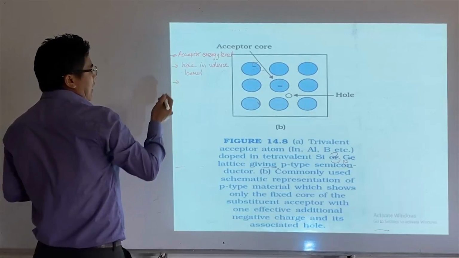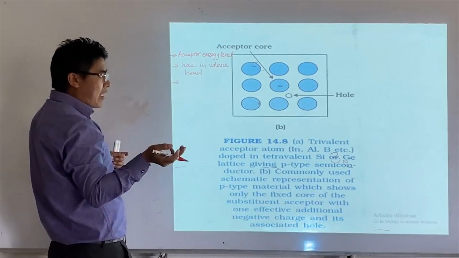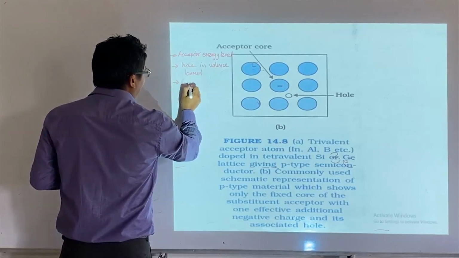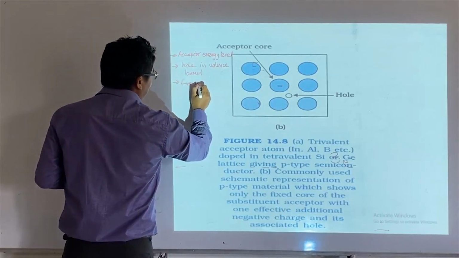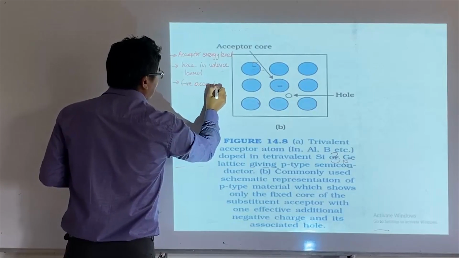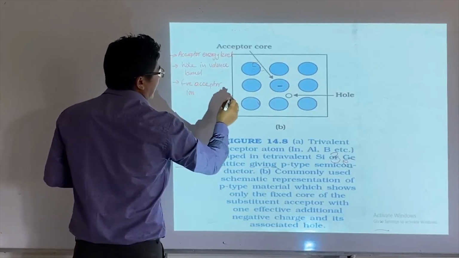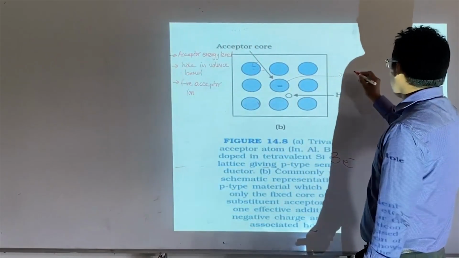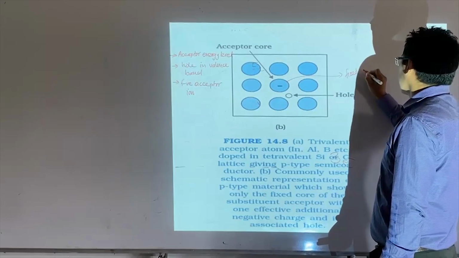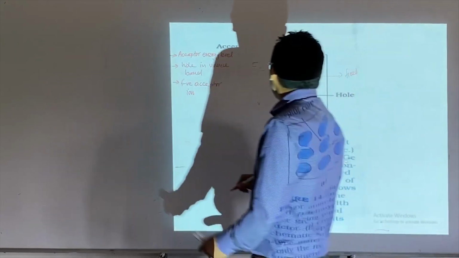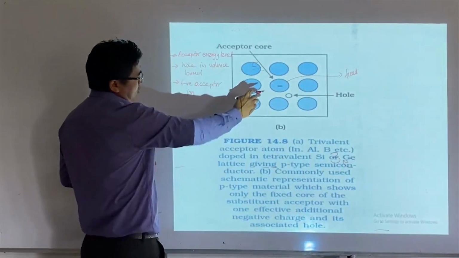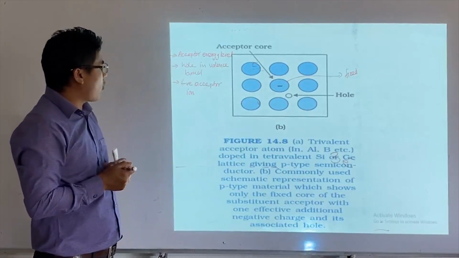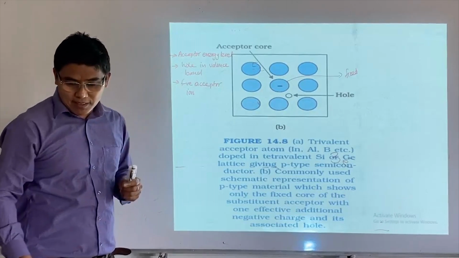The trivalent atom becomes a negative acceptor ion, and this negative acceptor ion is fixed. It is not supposed to move. It is the hole that moves in the valence band.